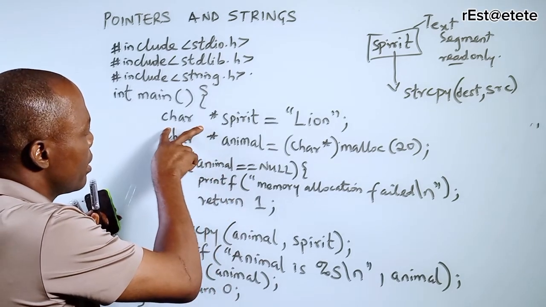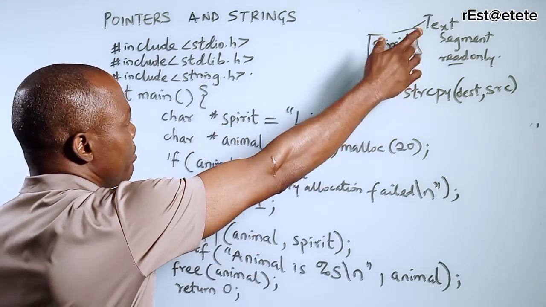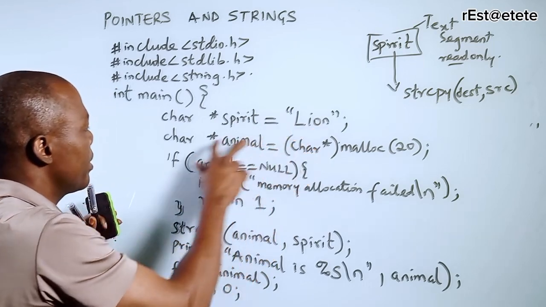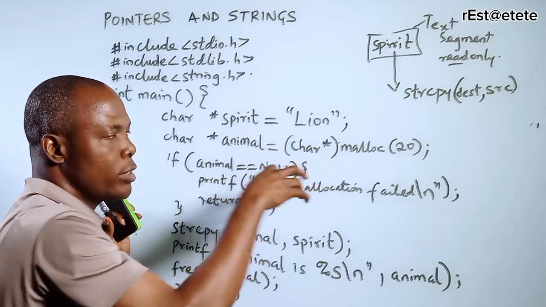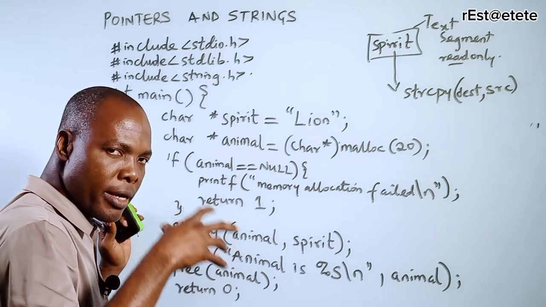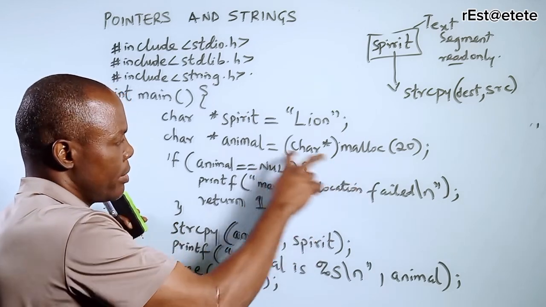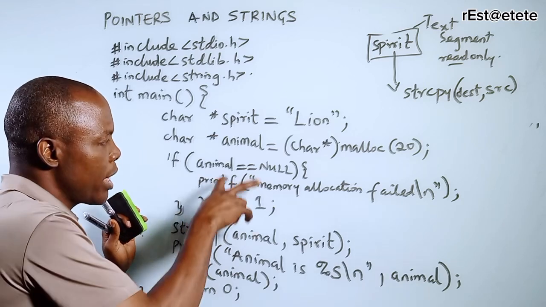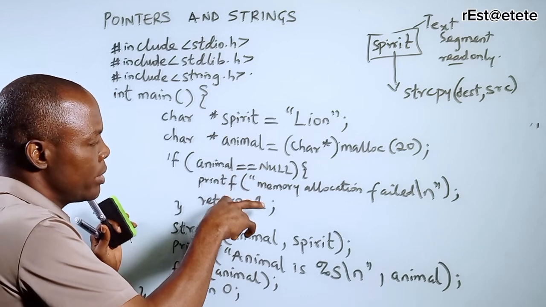So first, we have a pointer, which is pointing to the spirit realm, right? And then you are having this name. Then you create another pointer again, pointing to the physical realm, meaning a physical body has been created, which is the animal, right? And then you have to name it. So the first thing is to check whether the animal has actually been created in the physical realm. That is why you did this.